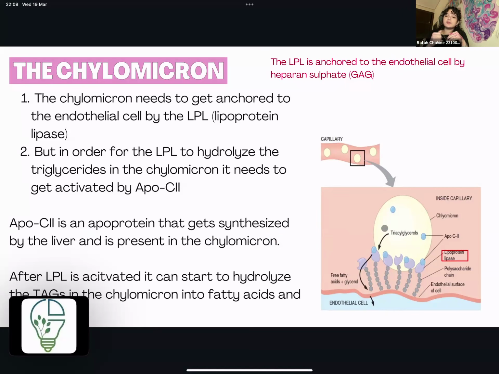But in this case specifically, ApoC2 is one apolipoprotein that gets synthesized in the liver and is given to this chylomicron solely for the purpose of activating lipoprotein lipase in our context. Okay? And once lipoprotein lipase is activated by this ApoC2, which is this blue molecule, it begins the hydrolysis of chylomicrons, and then we get the triglycerides.